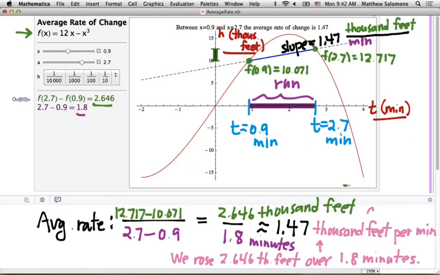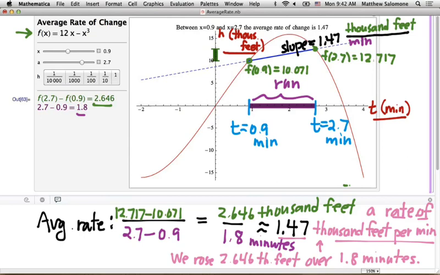So what we might say is that over this period of time, between 0.9 minutes and 2.7 minutes, our altitude was changing at a rate of 1.47 thousand feet per minute. So it just tells us how quickly, in this example, we were rising, ascending, or descending in our plane.